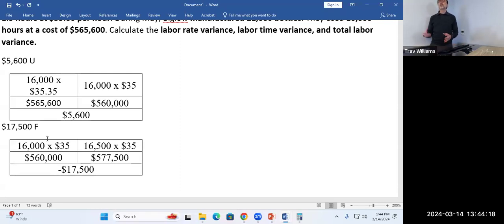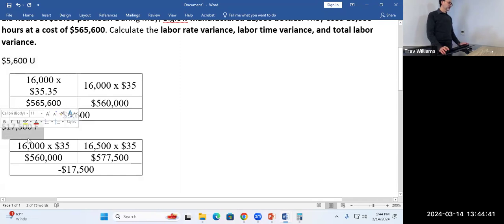right? And again, the question came up, why is negative favorable? Somebody asked that on Tuesday. Well, because it's less than the standard cost. So that's favorable, right? Higher than the standard cost would be unfavorable. So then we end up with an unfavorable cost and a favorable cost variance.